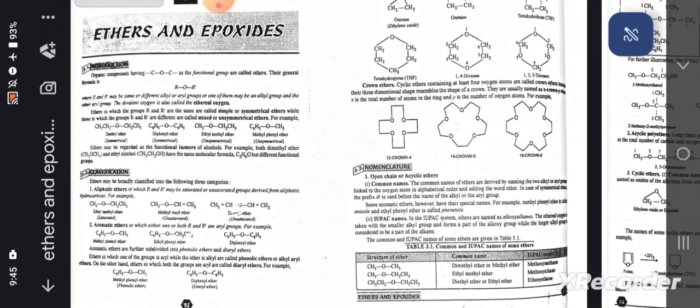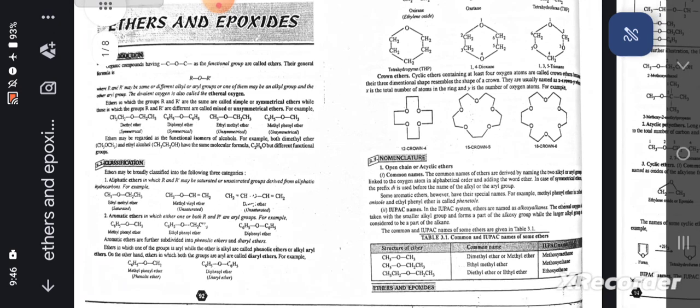Ethers in which the groups R and R' are the same are called simple or symmetrical ethers, while those in which the groups R and R' are different are called mixed or unsymmetrical ethers. Classification: ethers may be broadly classified into the following three categories. Aliphatic ethers, in which R and R' may be saturated or unsaturated groups derived from aliphatic hydrocarbons.